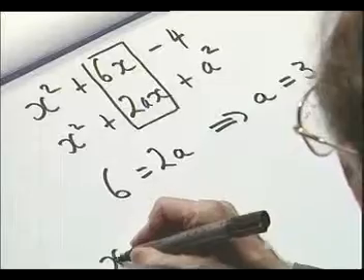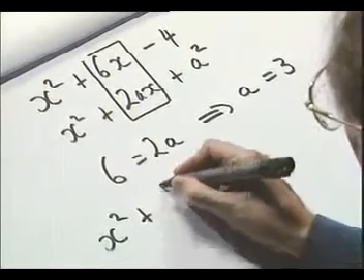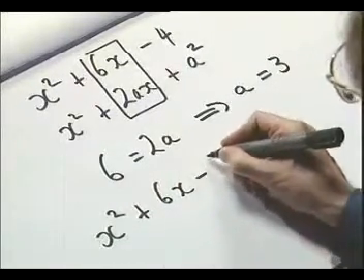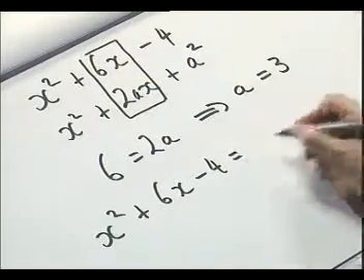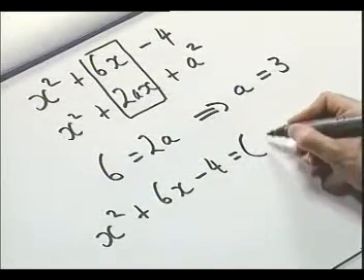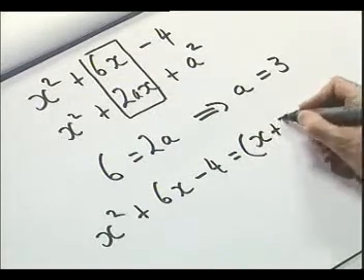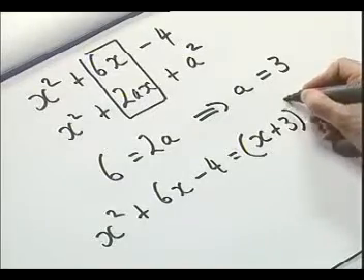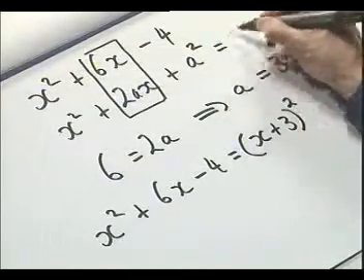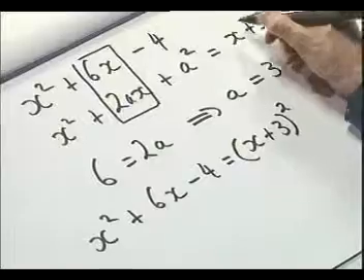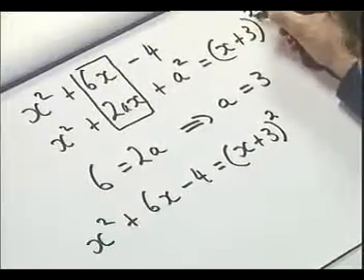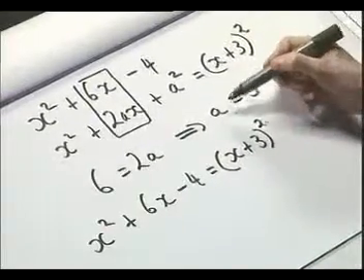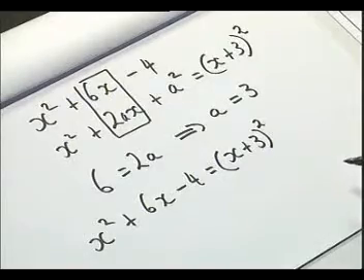So let's write this down. x squared plus 6x minus 4 equals x plus 3 all squared. Remember, this is x plus 3 all squared. Now I'm replacing the a by 3.